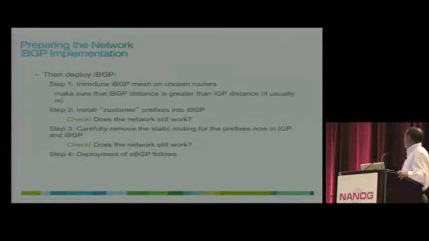And then, since you already have static routes, initially you have to gradually remove them and make sure that IGP takes care of that. And finally, you will configure eBGP peer with your transit providers, peers, or customers.